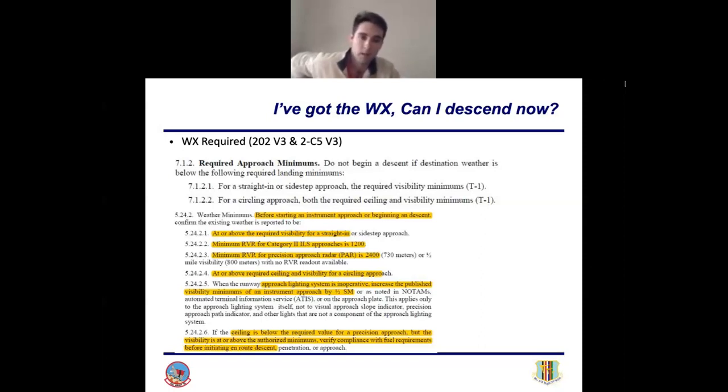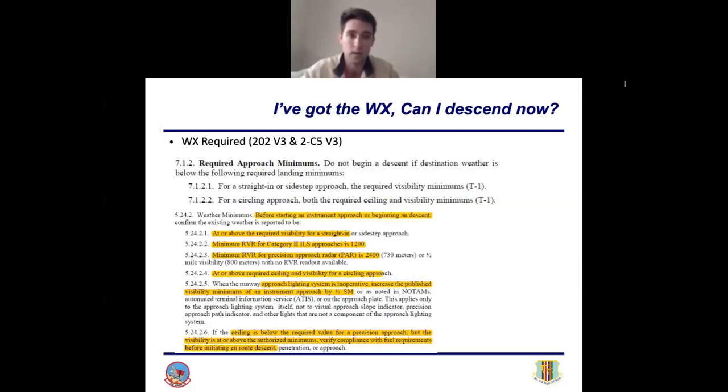A lot of the time, you'll see highlighted on here, you just need at or above required viz for your straight-ins or your side steps. And then minimum RVR for Cat 2s is 1200.